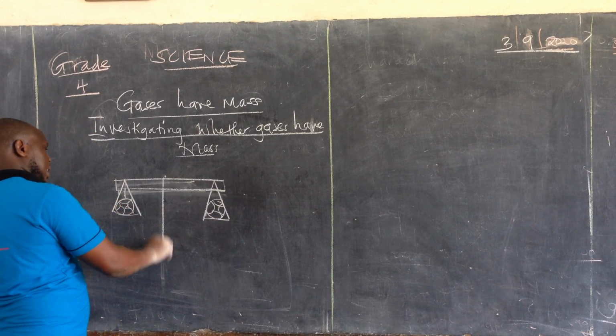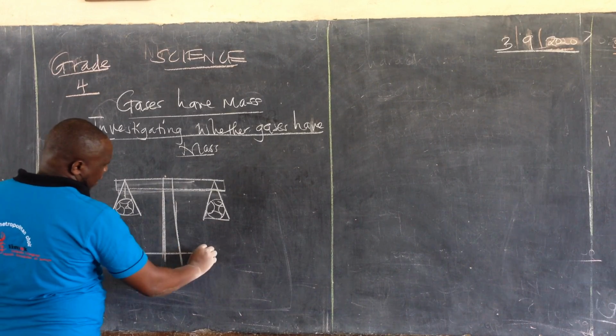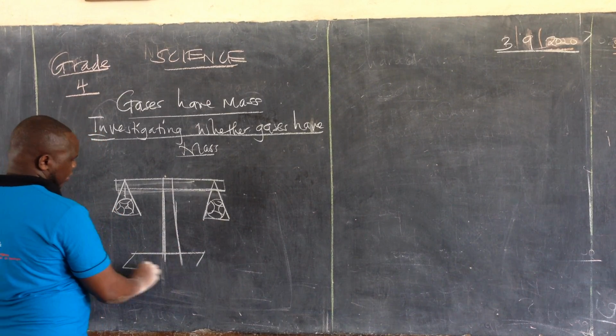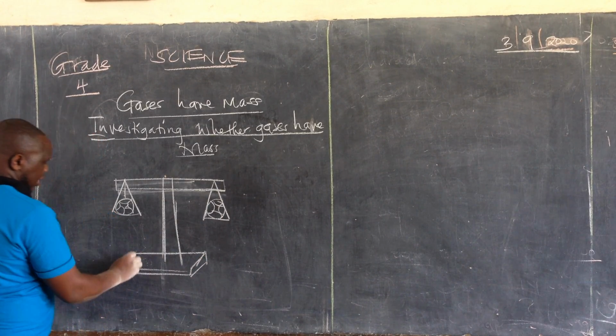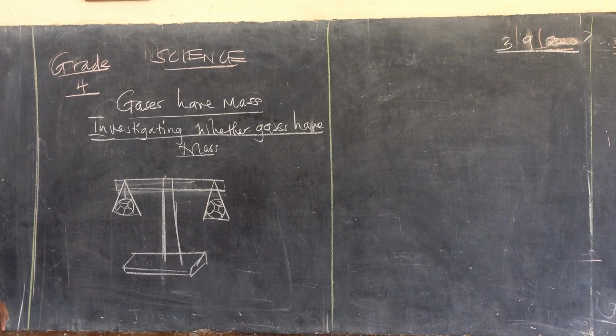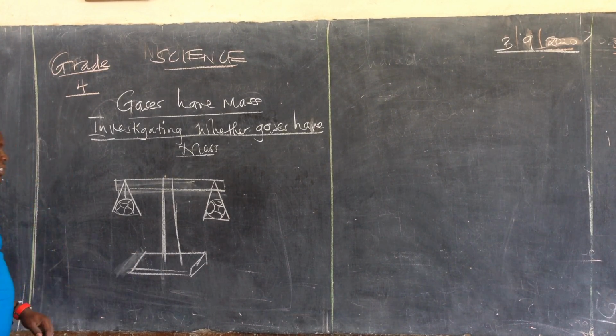Then you ensure that you balance from the center. That is my center, and I balance it so nicely so that it doesn't fall down. You have your stand there. So I want you to see how this one balances so well when it's like that.